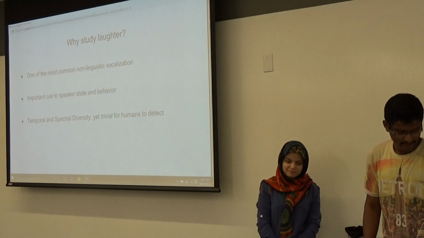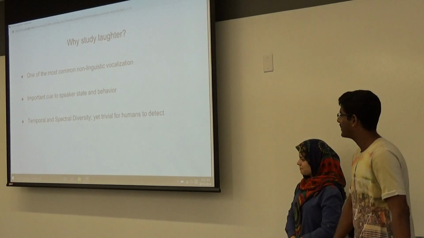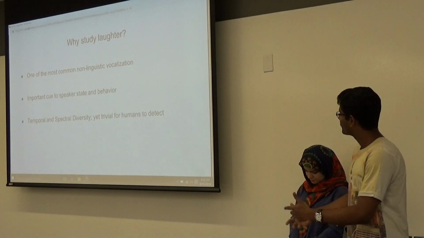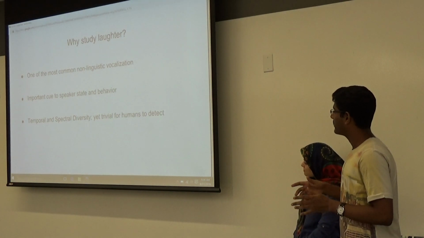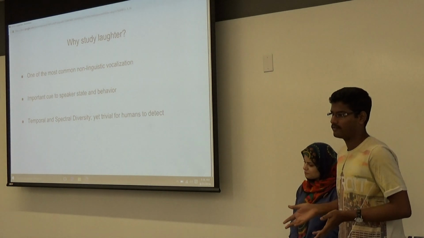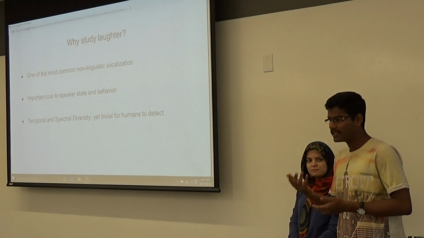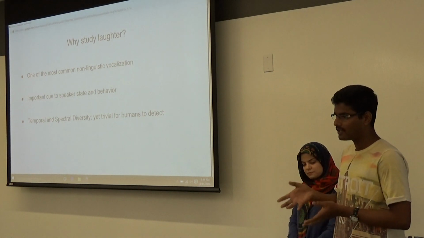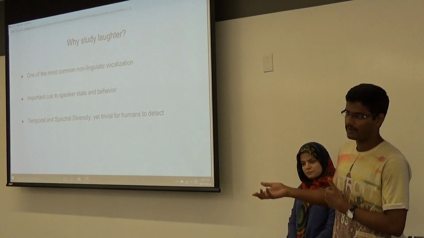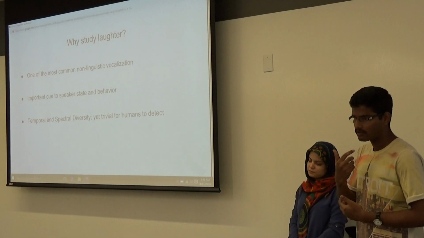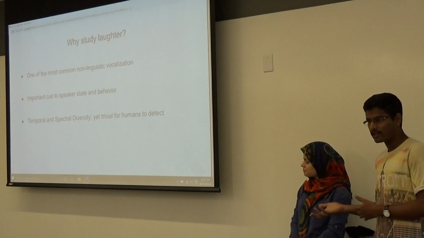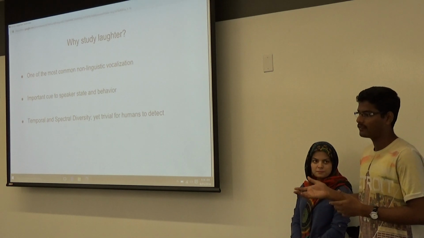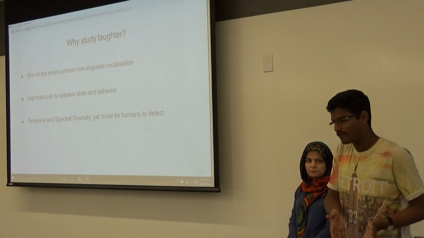So I think we have ended up with a summary of what we have discussed. Among the non-linguistic vocalizations, which are basically cries, breathing, and laughter, laughter is the most easily obtainable form as opposed to breathing, which might need some apparatus near the nose. It's the most frequently occurring vocalization, since people hopefully don't cry as often as they laugh.